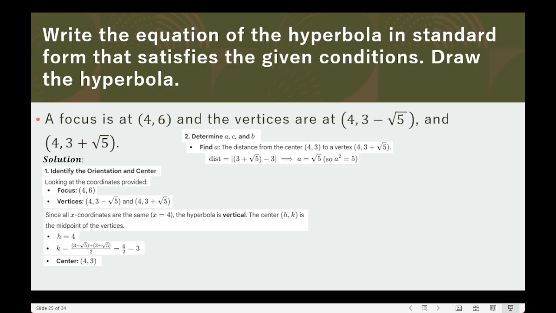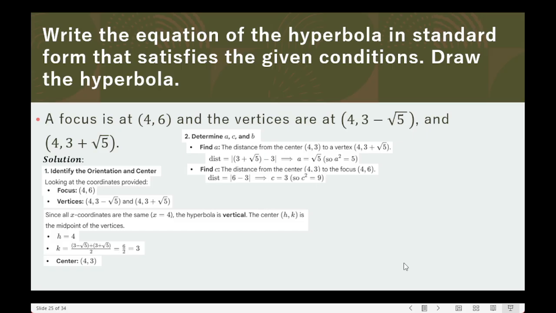So a squared equals 5. Now to find c, the distance from the center to the focus, whose coordinates are (4, 3) and (4, 6) respectively, we get the absolute value of the difference between their y coordinates. That is 6 minus 3 equals 3. So c equals 3.